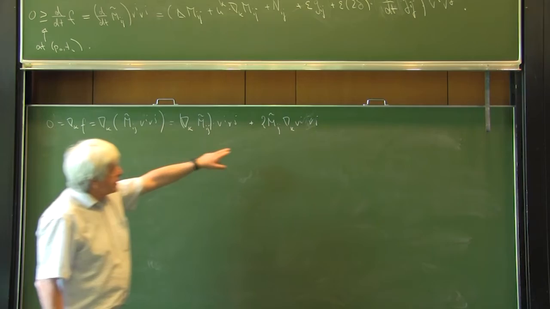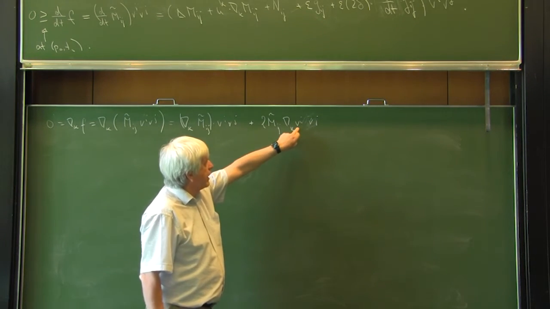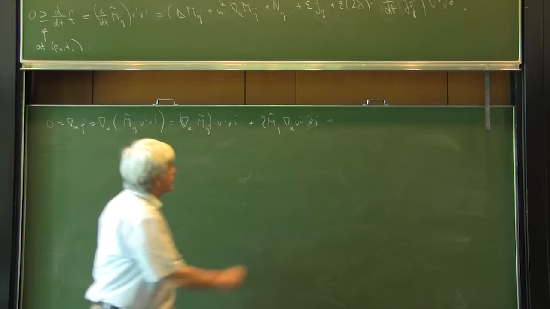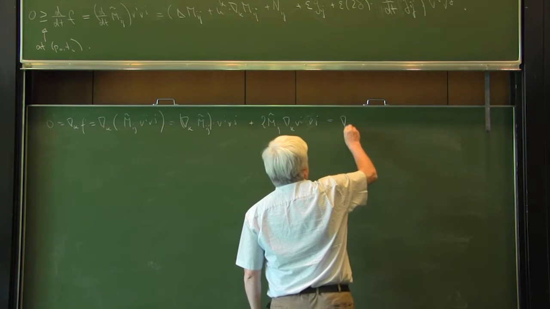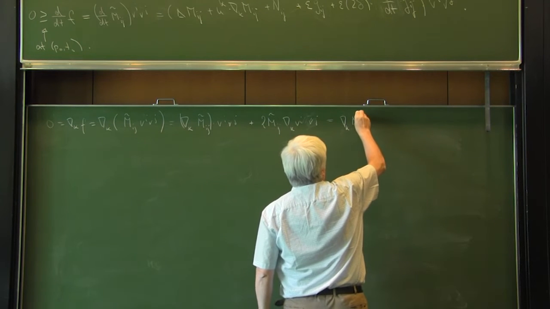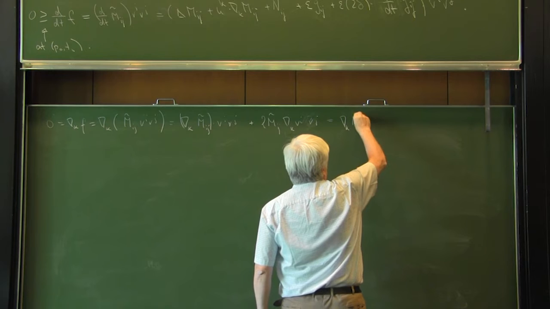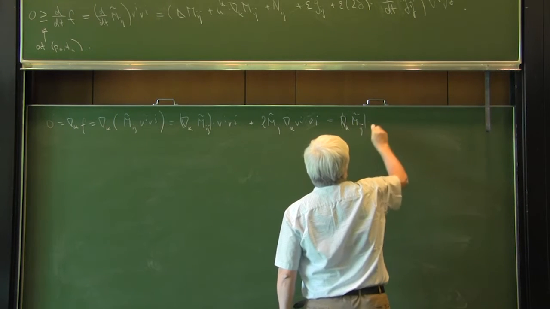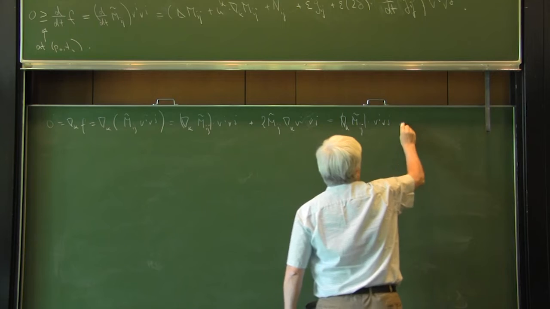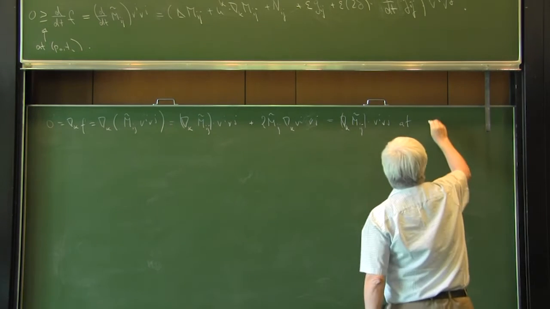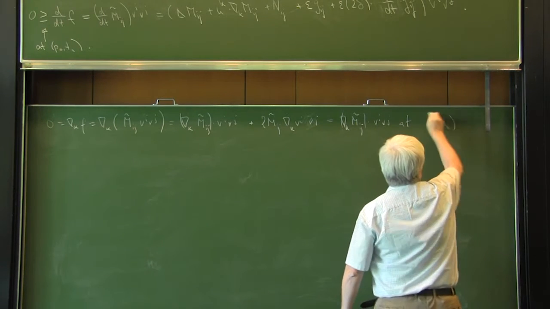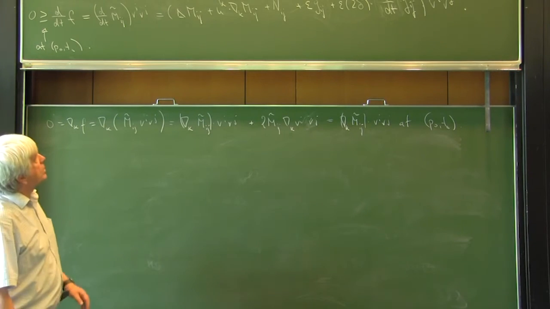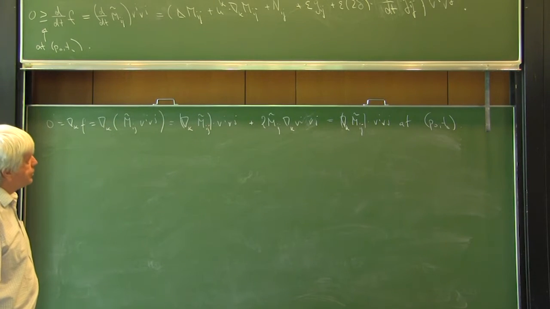But we have done this parallel transport, so at the point p naught, this goes away. So this is the same as gradient k of m tilde ij times vi vj at the point p naught t naught, because of our parallel transport condition.